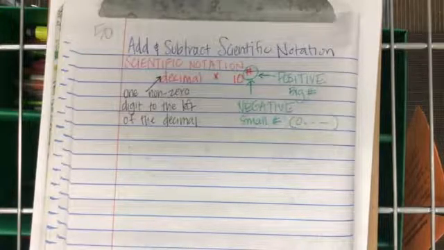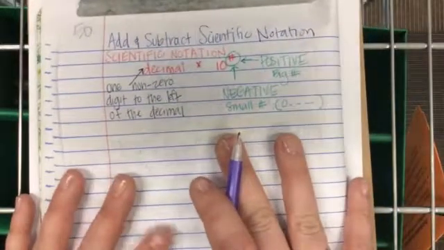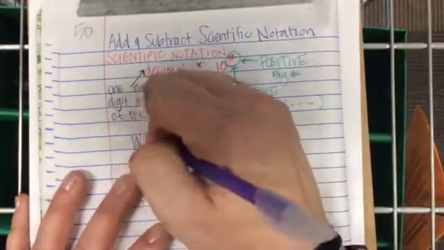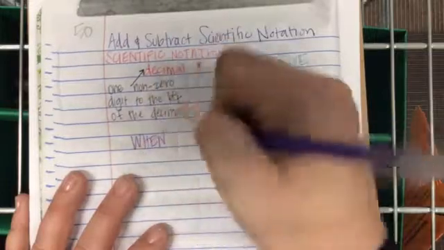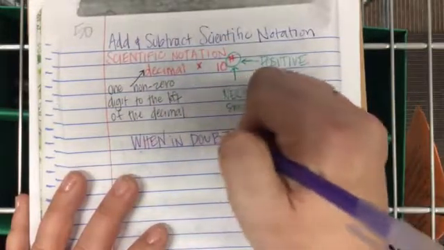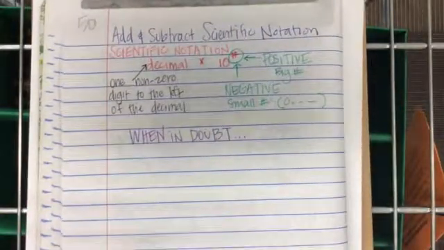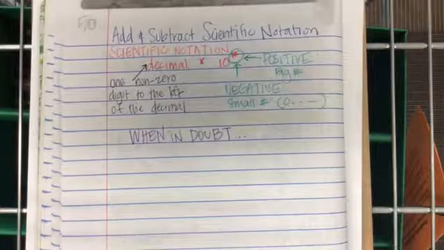Okay, so today we're going to add and subtract scientific notation, and I'm going to tell you this. If you do not remember or understand or get home and forget or all those things, right? If you don't remember or understand these rules, when in doubt, write it out.